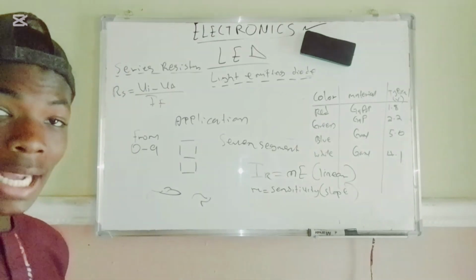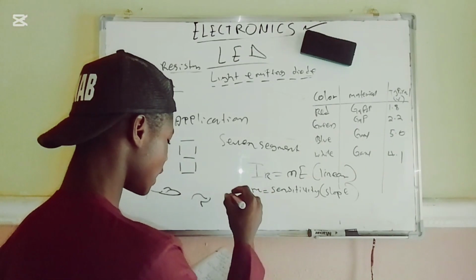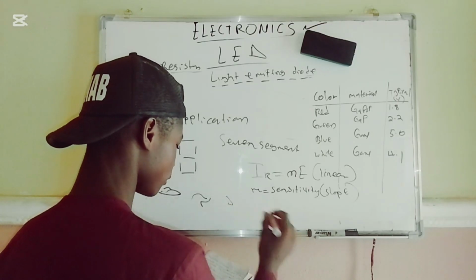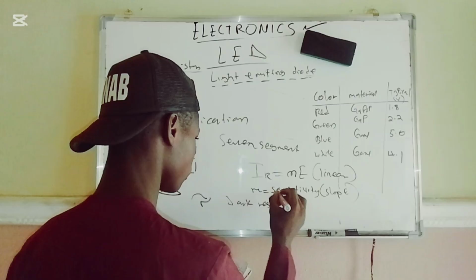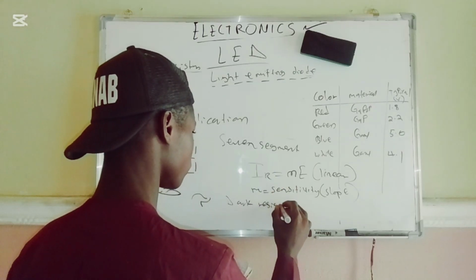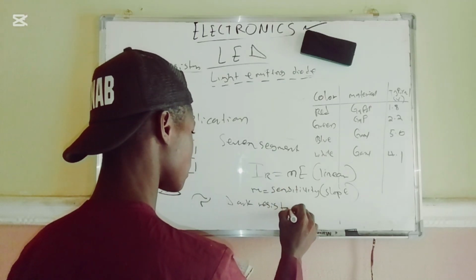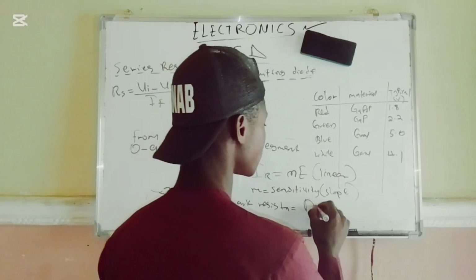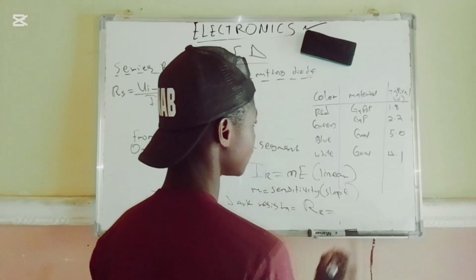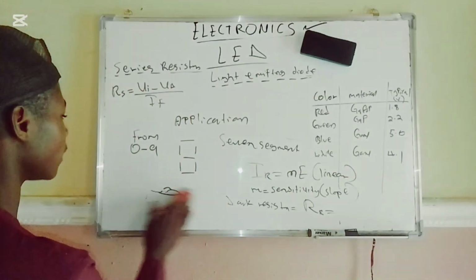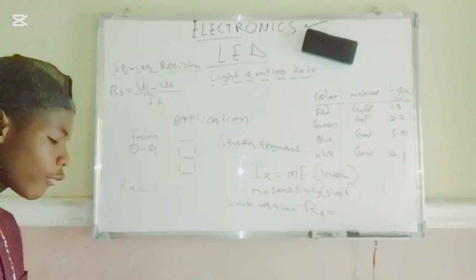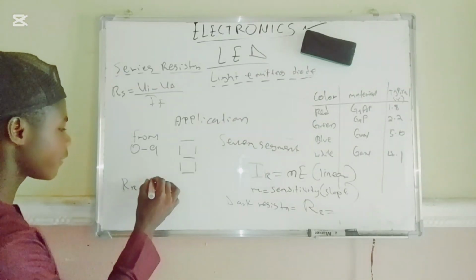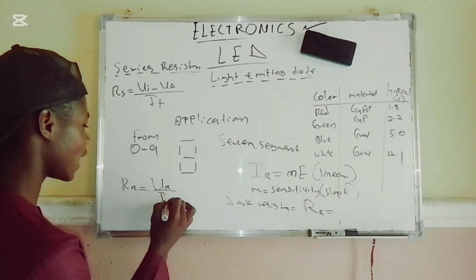Sorry, I said dark resistance. The dark resistance, R_D, has the formula VR over IR.